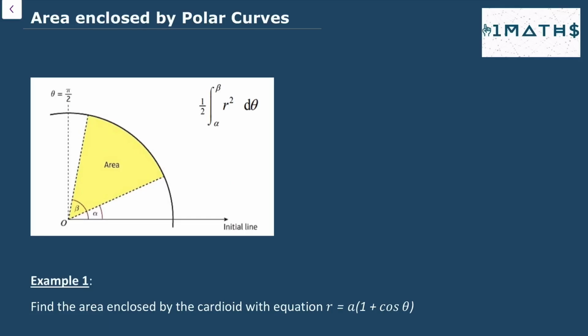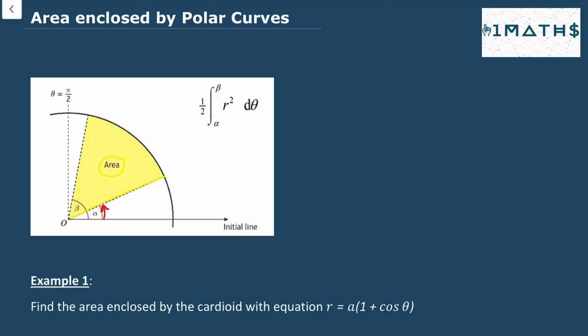Hello everyone, and welcome to this video where we are going to have a look at finding the area enclosed by polar curves. So there's this little diagram here which shows a polar function, and it shows the area we are looking for between this angle alpha.